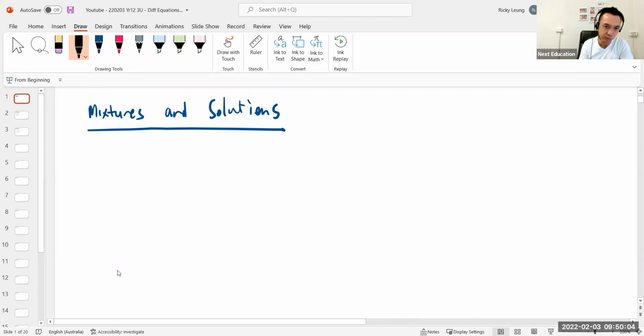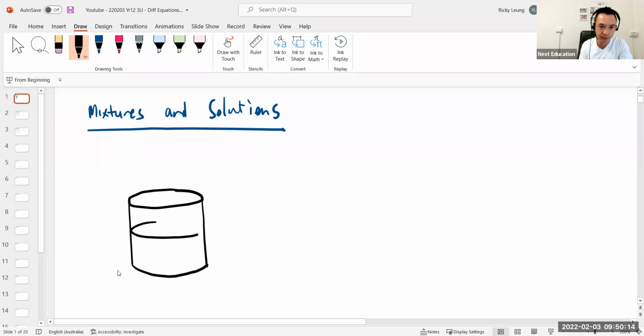So here we go. Mixtures and solutions: what normally happens is they give you some sort of container or a tank, or some sort of holder of volume or liquids, and they tell you this volume either is filled to the brim or partially filled.